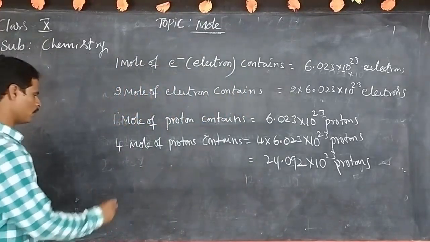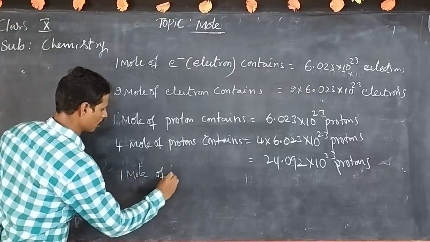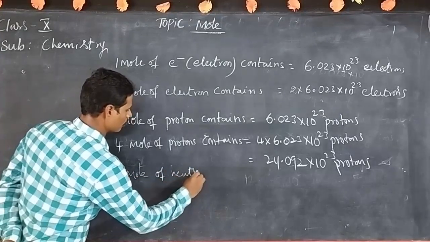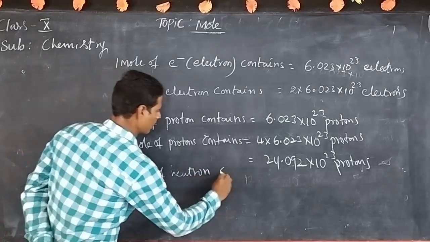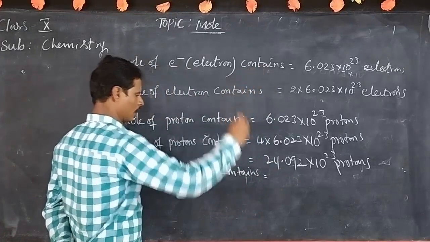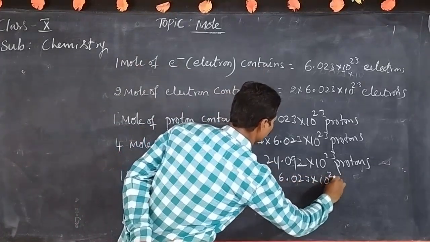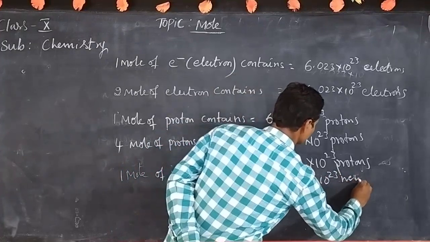Next, another example. 1 mole of neutrons contains what value? The same Avogadro number, 6.023 into 10 to the power 23 neutrons.